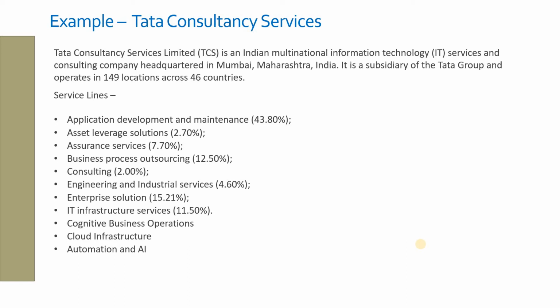What is TCS? How many locations does TCS have? It's a big Indian brand in IT services, and how many service lines they are investing in. Also they are working in cloud infrastructure, automation, AI, IT infrastructure services. So the percentage is also shown for what they are doing.